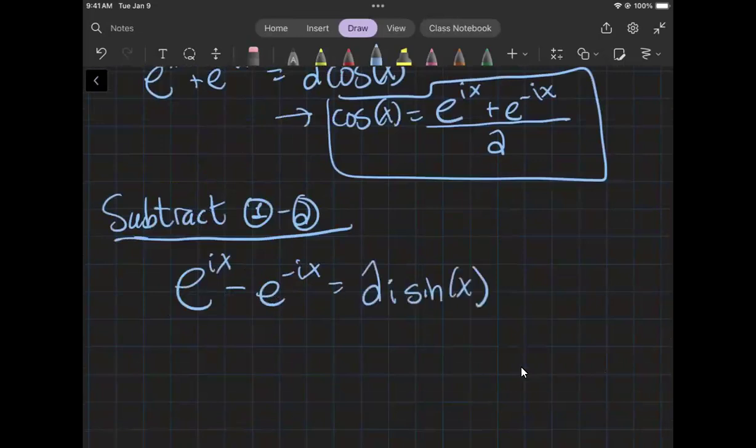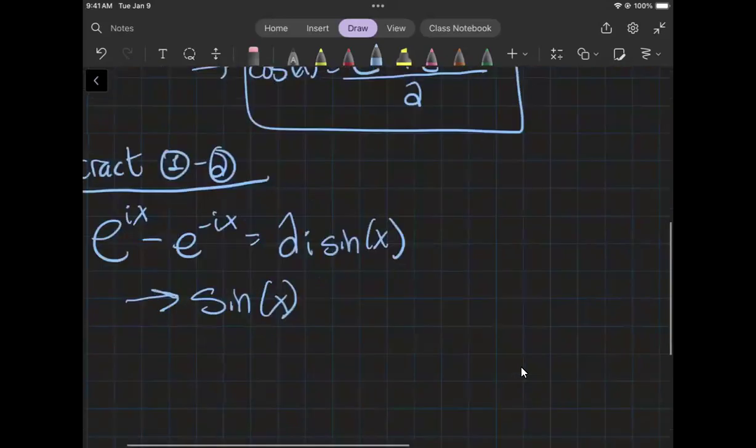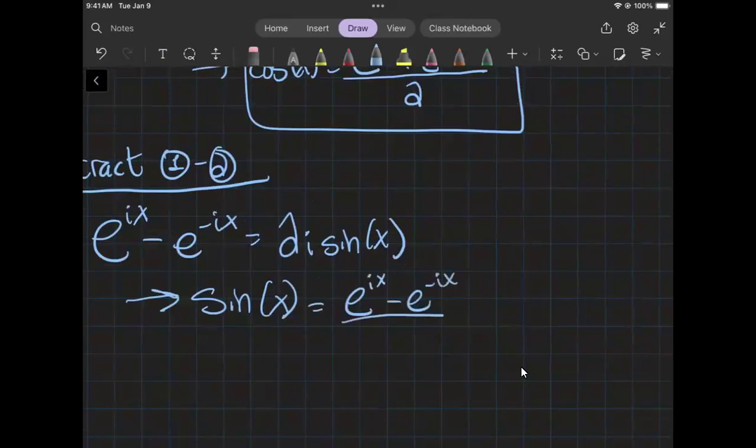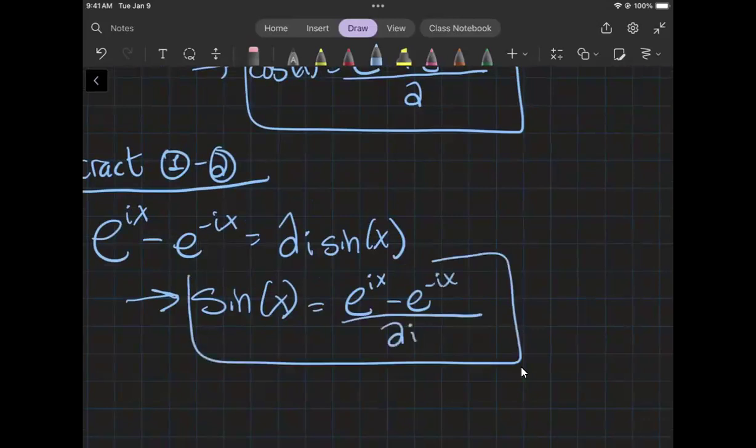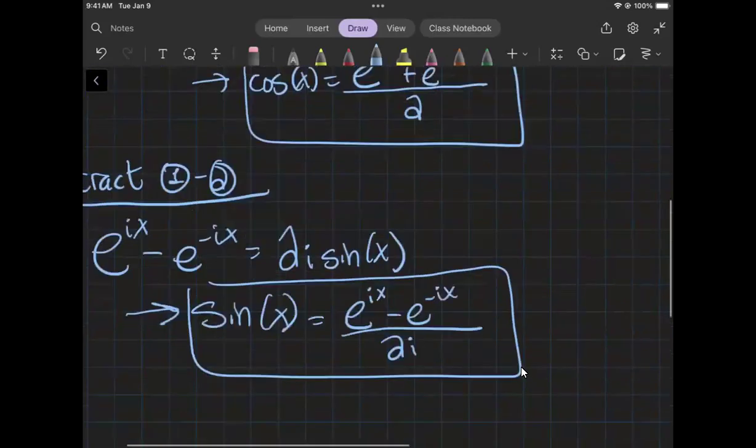So we can arrive at a definition of what sine of x is, right? Sine of x, if x is a complex number, is e to the ix minus e to the minus ix divided by 2I. Okay, so this is the other definition of the trig function sine of x.